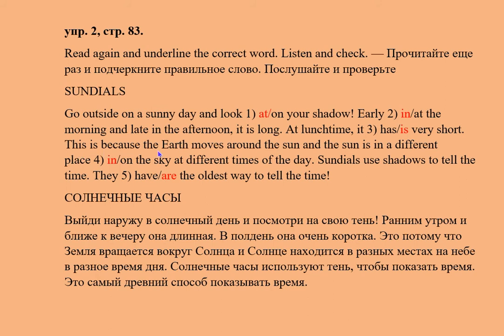This is because the Earth moves around the Sun, and the Sun is in a different place in the sky at different times of the day. Sundials use shadows to tell the time. They are the oldest way to tell the time.